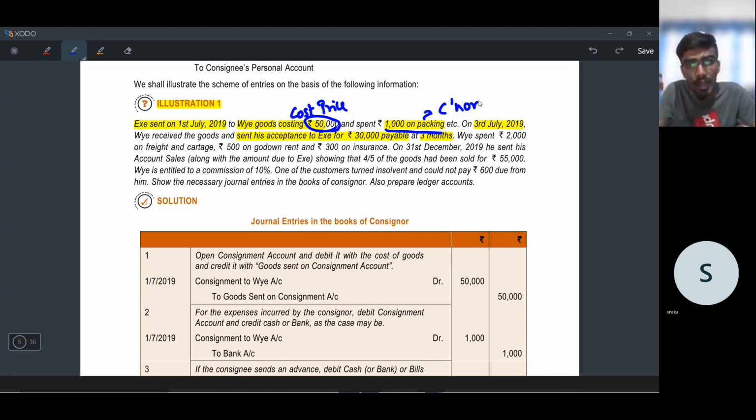On 3rd July, W received the goods and sent his acceptance to E for 30,000 payable at 3 months.